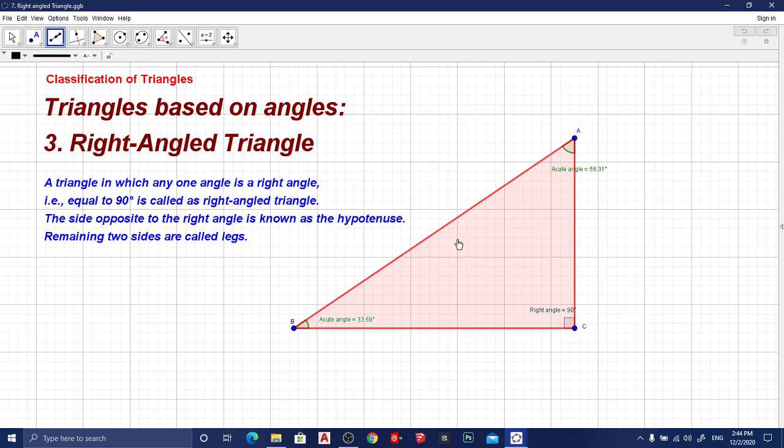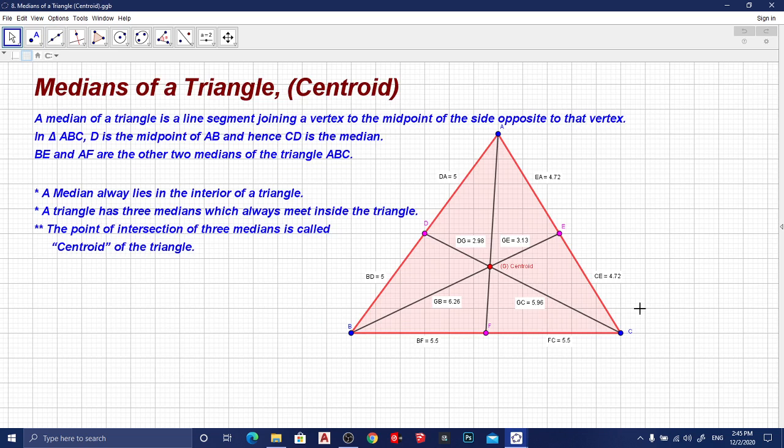The side which is opposite to the right angle is called the hypotenuse. Next, we are going to learn medians of a triangle. This is a very important concept. In your next higher classes also you will get this concept.